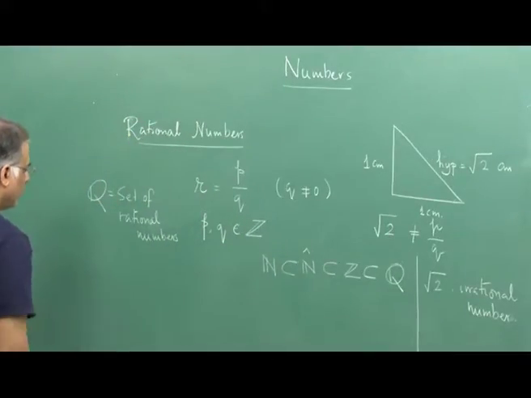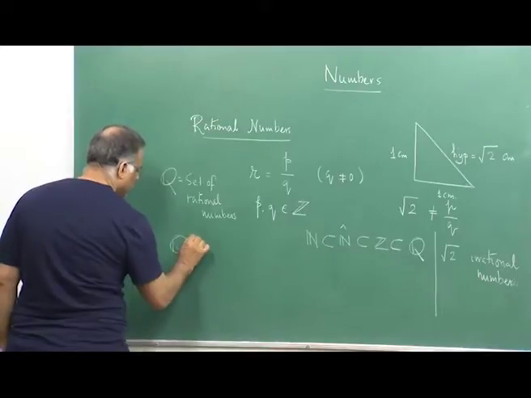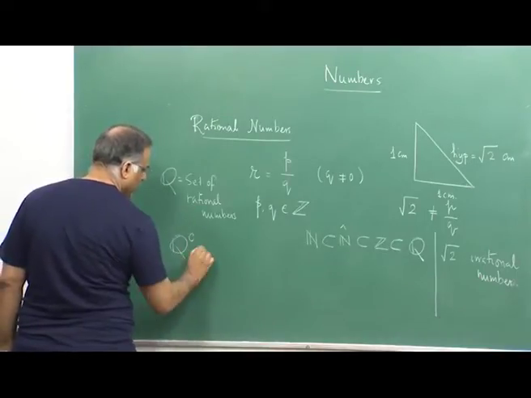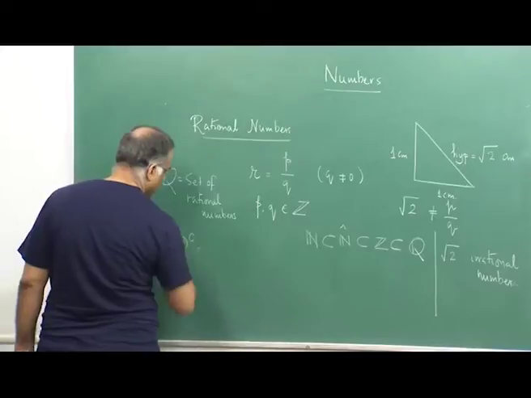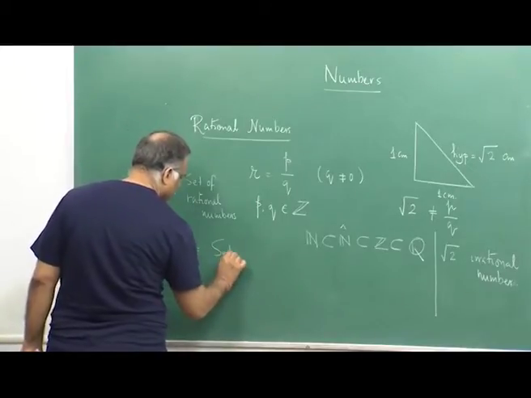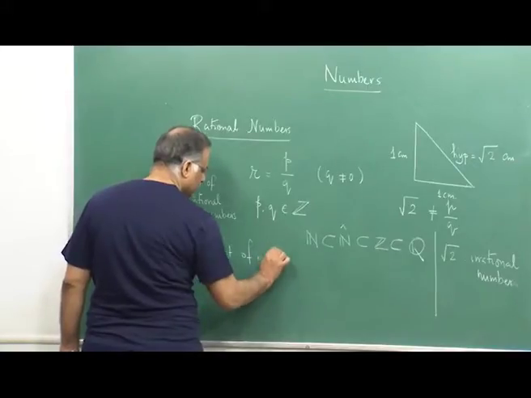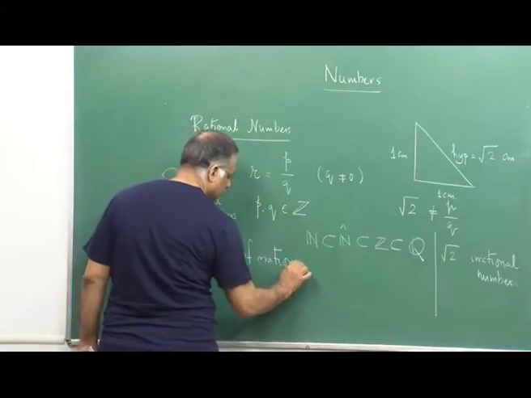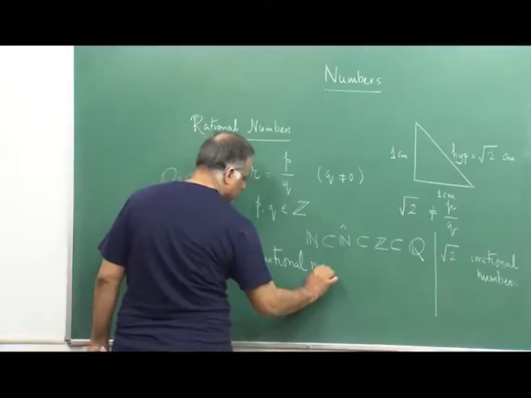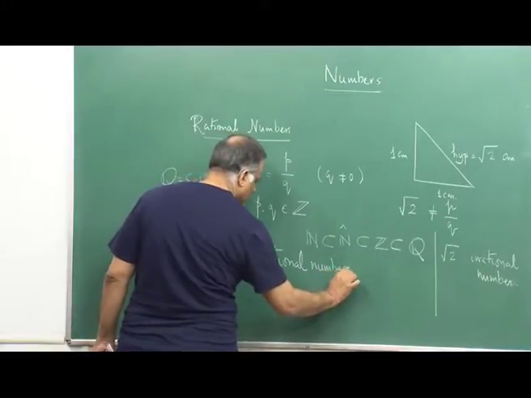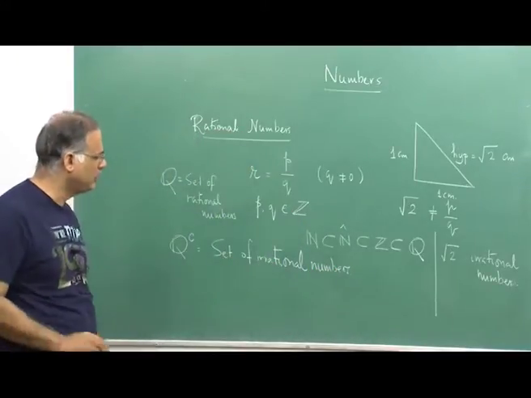So, then if I denote, where C denotes the complement of a set, the complement of the set of all rational numbers is the set of irrational numbers. This is what we have.